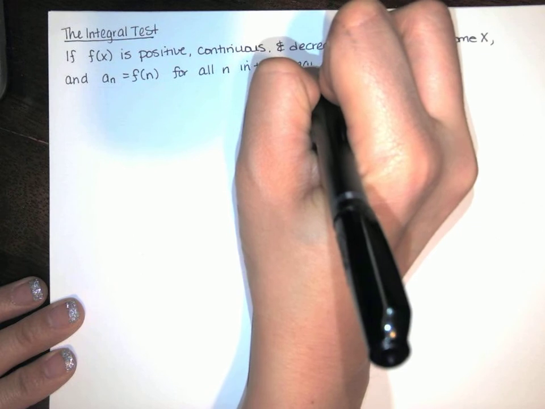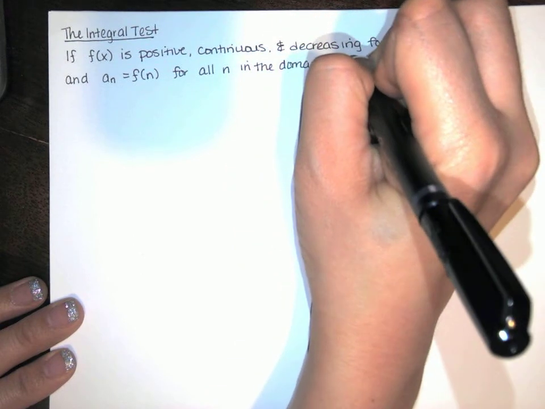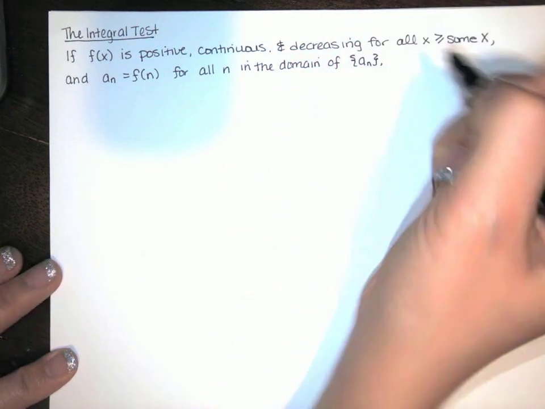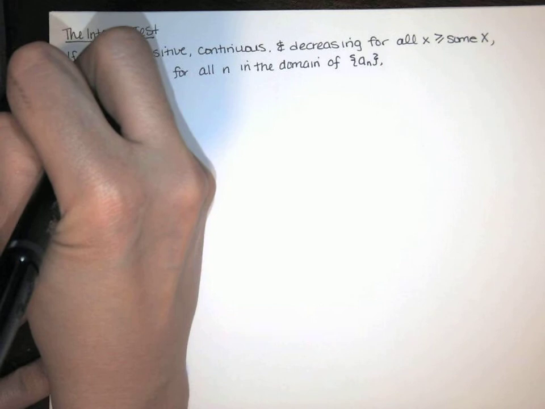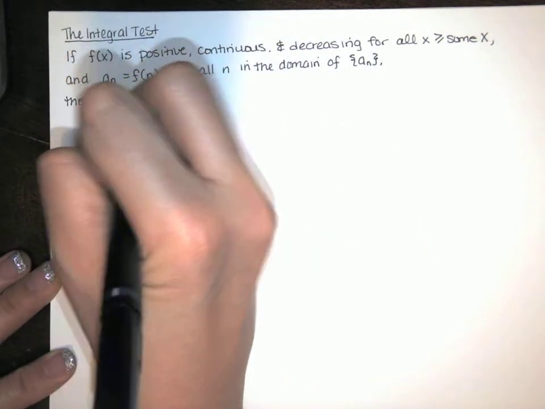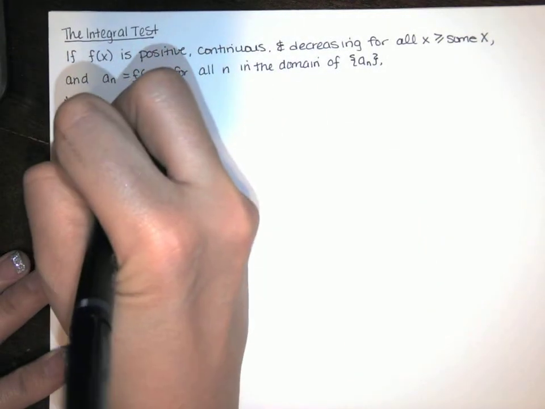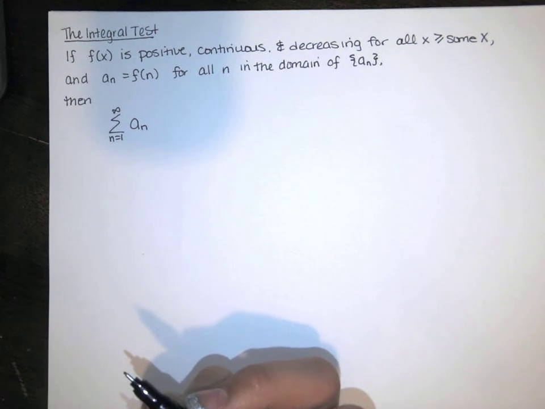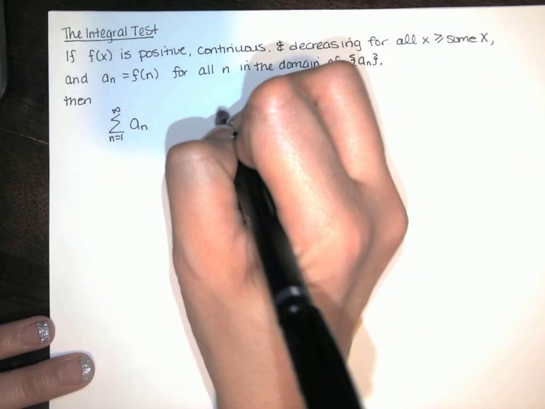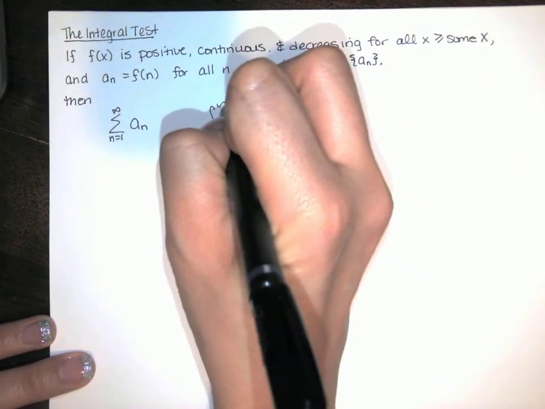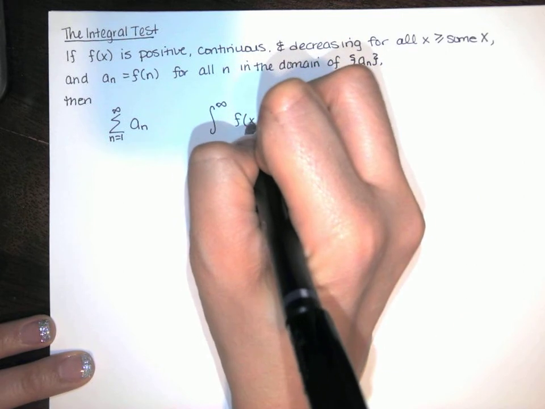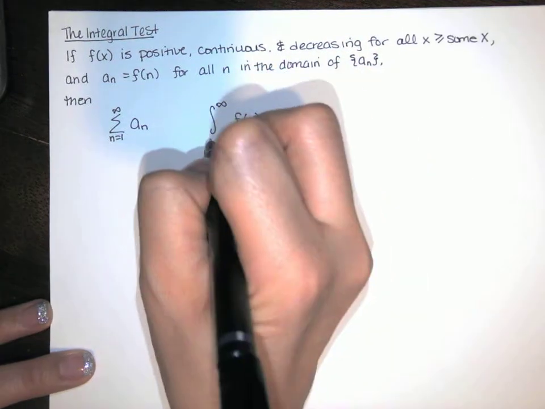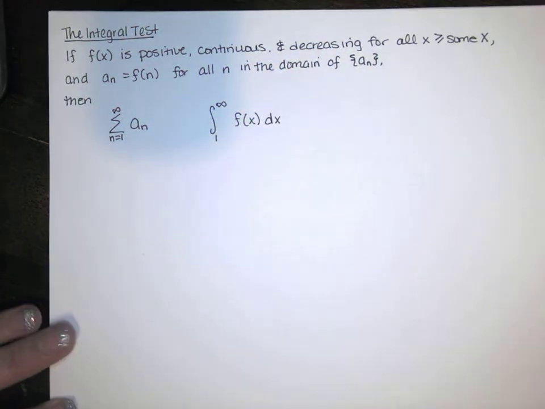If that's true, then it turns out that this series, I'm going to write 1 there, but it could start at a different number. This series and this integral, this improper integral, have the same behavior.